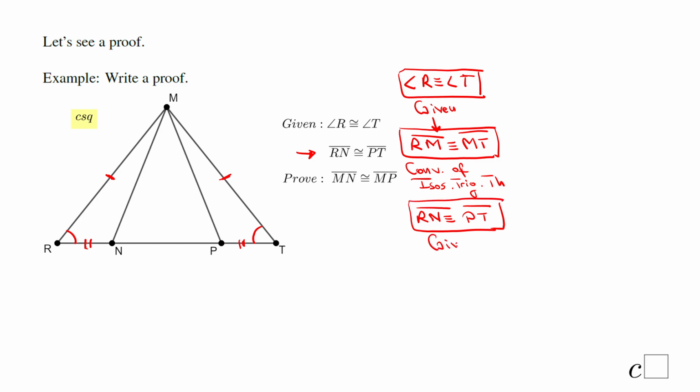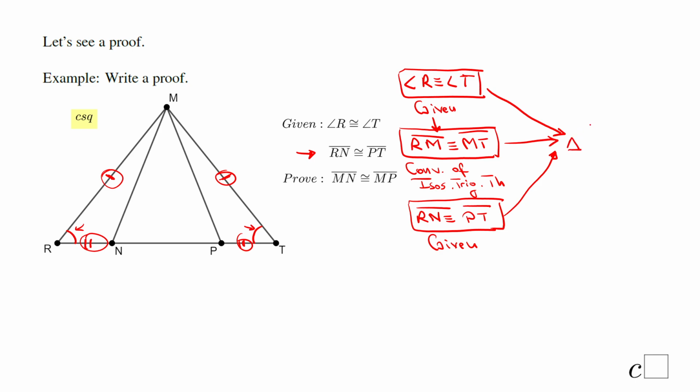Now I want you to take a look at my picture on the left. You notice here we have these two sides congruent, these two sides congruent, and the angle included. That tells us something about those two triangles. The triangle MRN and the triangle MTP, they are congruent. So look at what I'm doing. Okay, I'm gonna write these two triangles, and you need to be careful here.